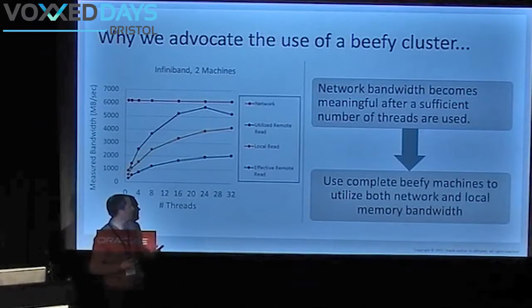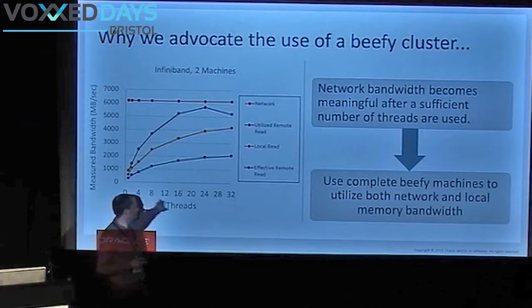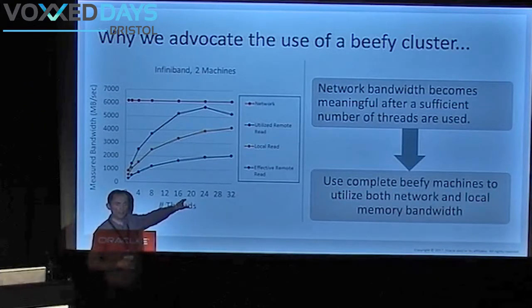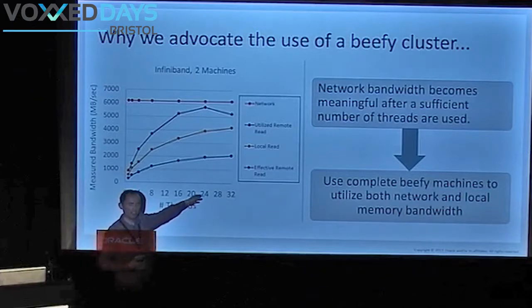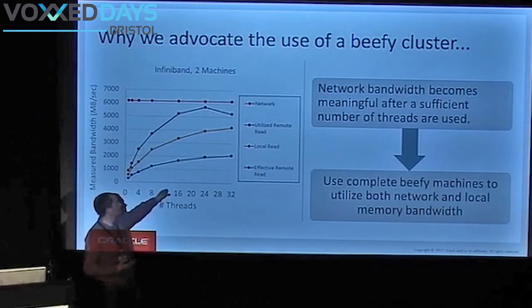So we've tended towards this case of having a cluster of fairly beefy machines using large numbers of threads within each of them, and using this to keep good utilization within the machine for the CPUs and the memory within each of the cluster systems. And also, because we have beefy machines, to be able to generate a large load on the network between them.